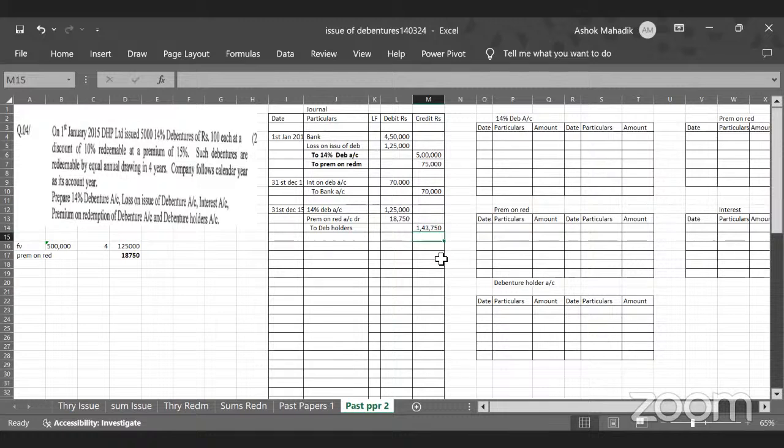Is this clear? This much amount is payable to debenture holders, and we'll pay this to them. So debenture holders account debit to bank account. Entire amount 143,750. Clear?